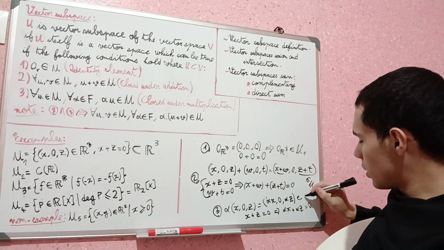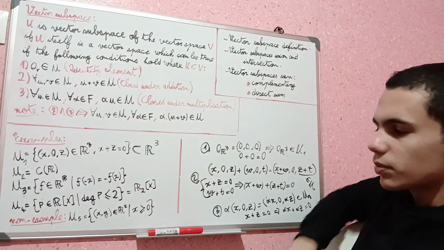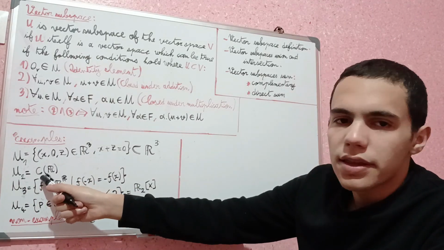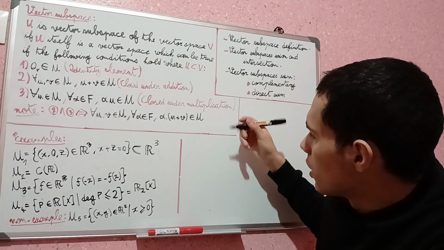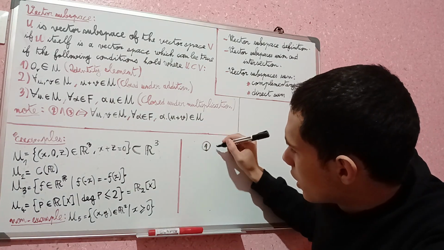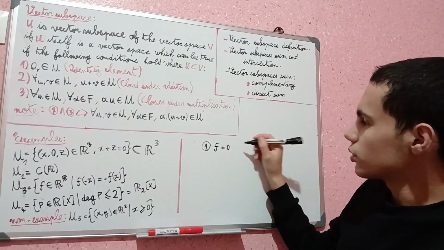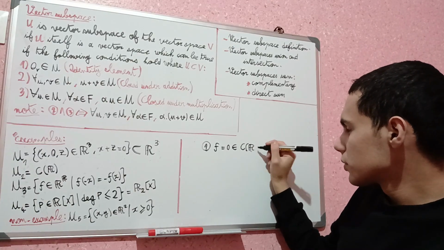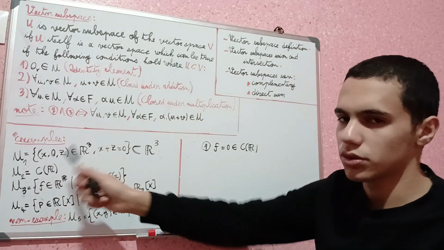Therefore this belongs to u1, so it's closed under multiplication. Okay, number 2, this is the set of continuous functions on R. We have first the identity element, f equals 0. Of course this is continuous, so it belongs to C(R).